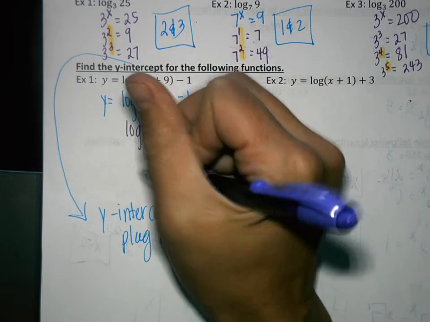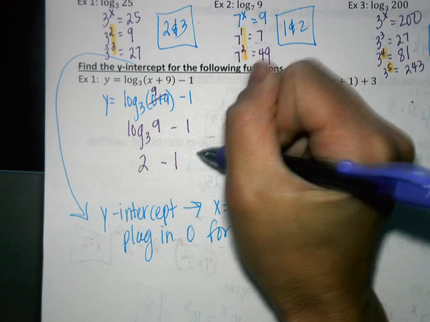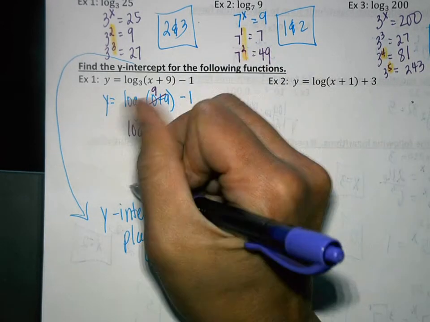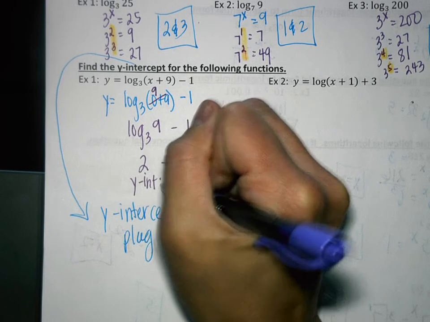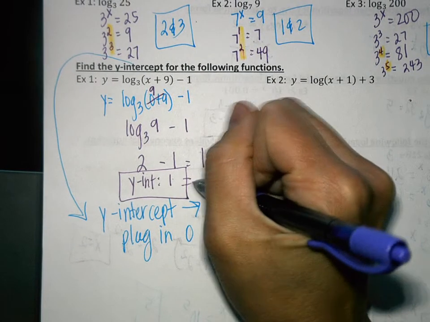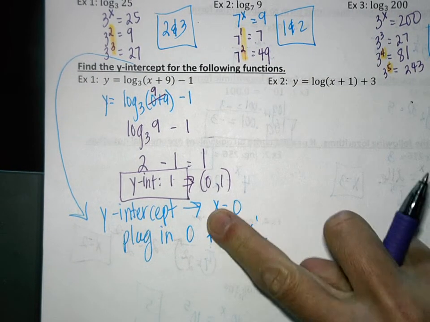Hopefully you said 2. And so then all we're going to do is 2 minus 1, which equals 1. So therefore, my y-intercept on here is 1. You could also write it as an ordered pair if you wanted to, which is (0, 1). The x value is 0, the y value is 1.